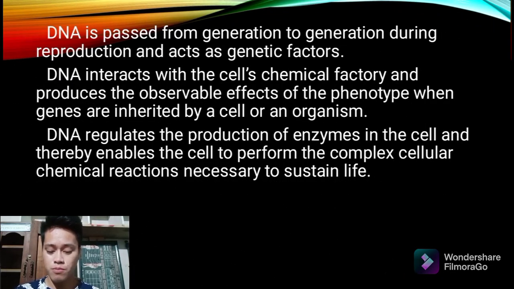DNA is passed from generation to generation during reproduction and acts as genetic factors. DNA interacts with the cell's chemical factory and produces the observable effect of the phenotype when genes are inherited by a cell or an organism.